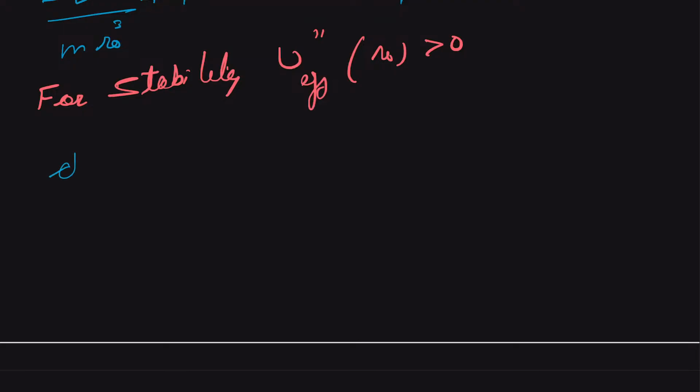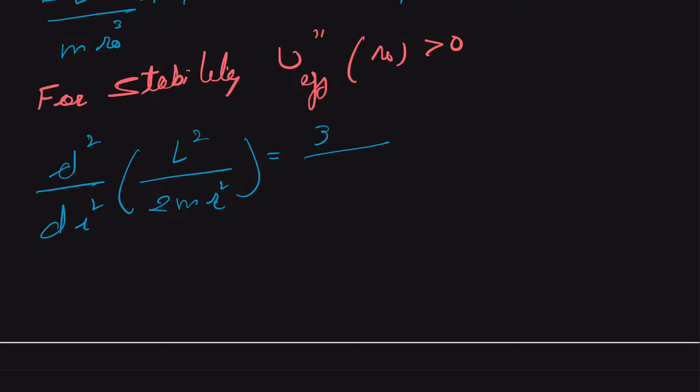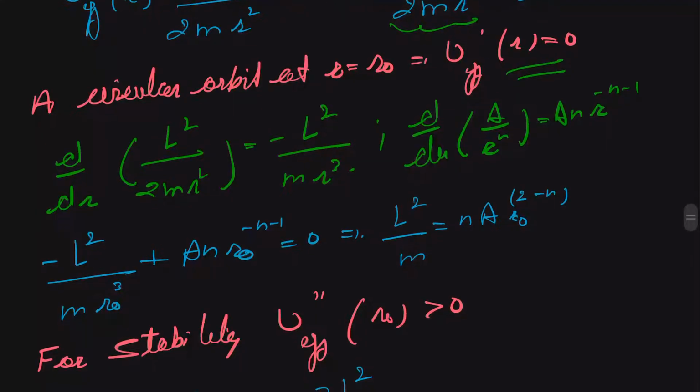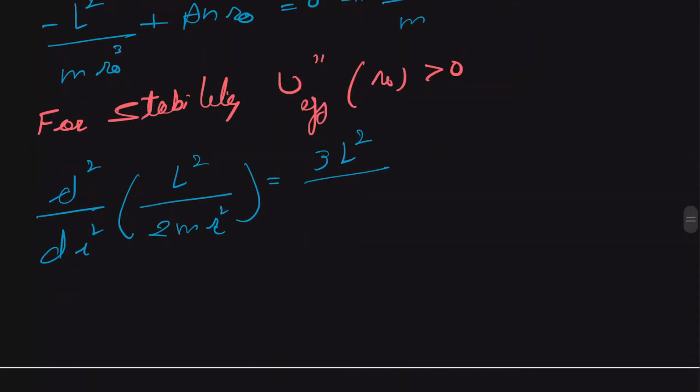Similarly, we can do it separately. The double derivative of L square upon 2m r square will give us 3L square upon m r raised to power 4.